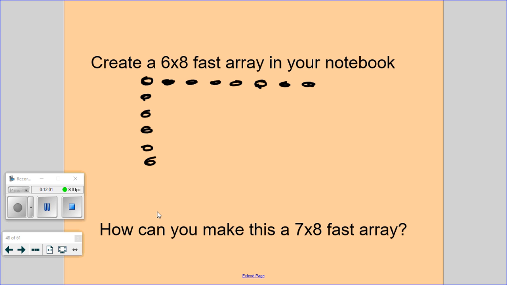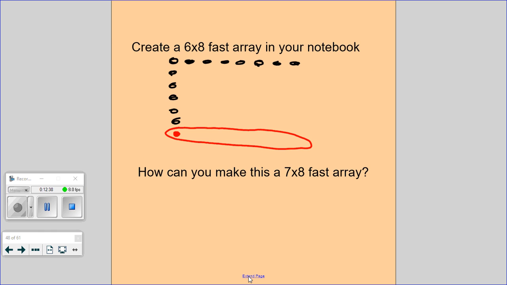I got a 6x8 fast array. How am I going to turn this into a 7x8 fast array? Yeah, where I have my 6, I'm just going to add 1 more circle, and that's like adding all these invisible circles, right? So we're going to be adding 1 more group of 8, and circle the invisible circles that we know are there, but we didn't draw because we did a fast array.